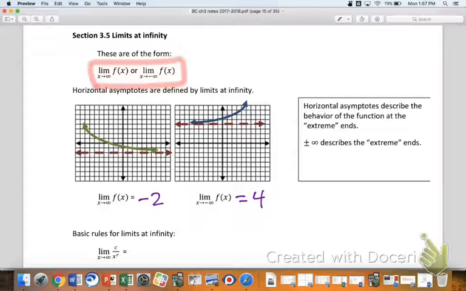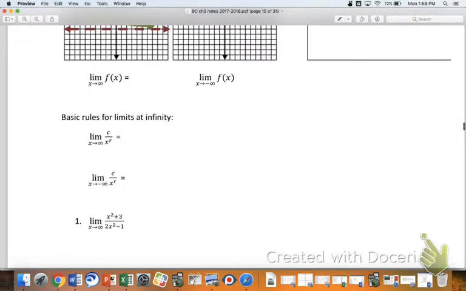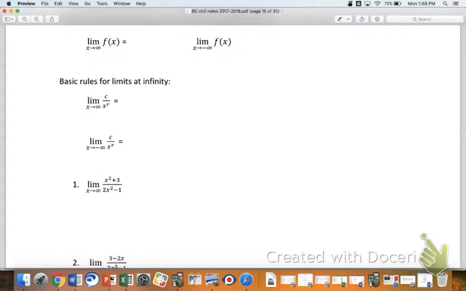So we have some really basic rules that will help us work our way through these. And this is assuming that c is a constant in both cases. So if you have the limit as x approaches infinity of c over x to the r, so in other words, r is some exponent, like 2 or 3 or whatever, then that makes the denominator super huge, right?